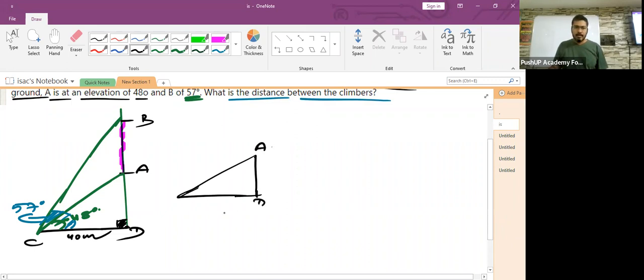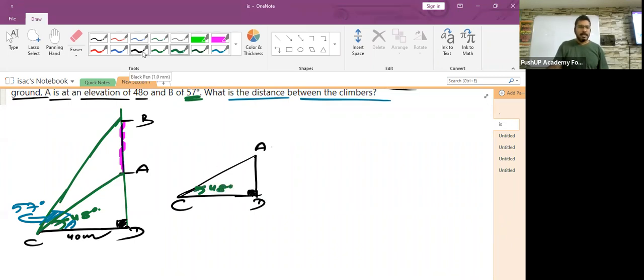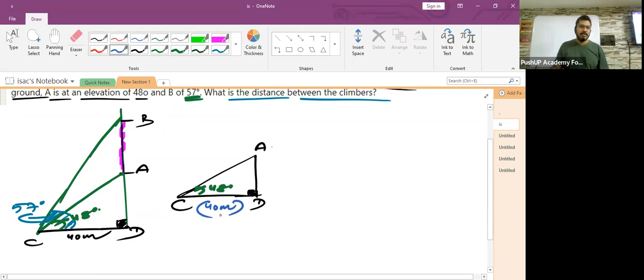A, D, C. This angle is how much? 90 degrees. This angle is how much? As you labeled, 48 degrees. Then, DC is equal to how much? 40 meters.